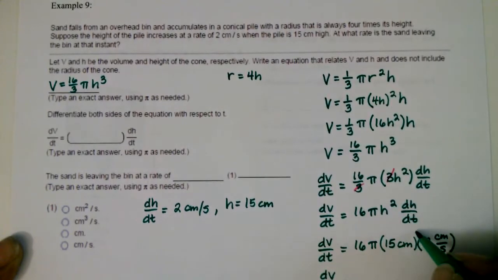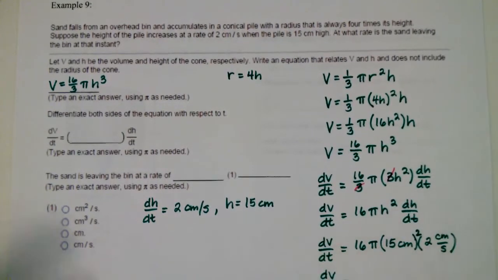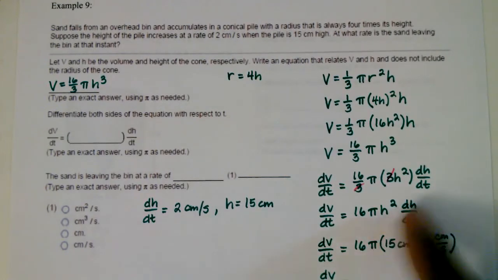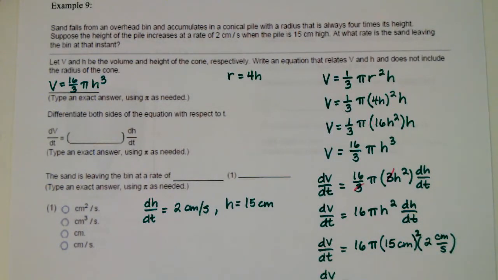Now I left something out here. This 15 centimeters should be squared because it's h squared and the height is 15. So it should be 15 centimeters, and that's going to be squared.